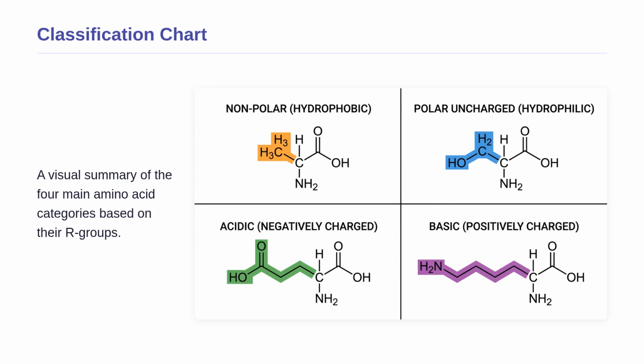In the top right is serine, representing the polar uncharged group. On the bottom left, we see glutamic acid, highlighted to show its negatively charged acidic side chain. Finally, on the bottom right is lysine, displaying its positively charged basic side chain. This chart perfectly summarizes how the R group dictates the molecule's category.